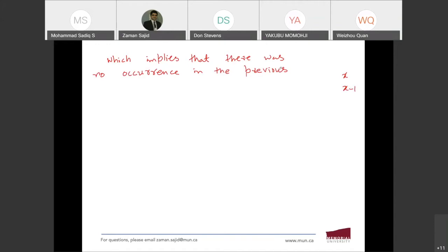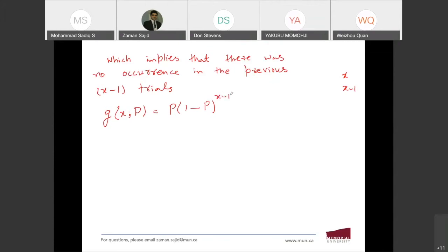So in the previous x minus 1 trials, this is written as g of x colon p equals p times 1 minus p whole power x minus 1.